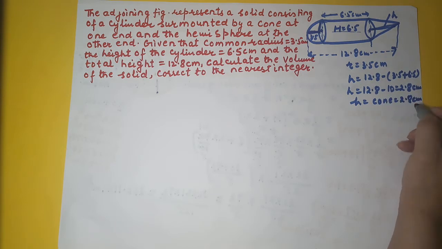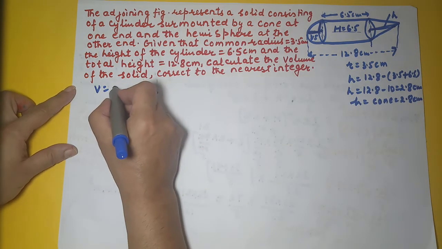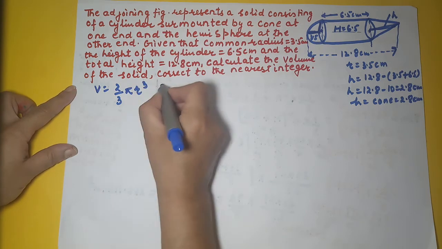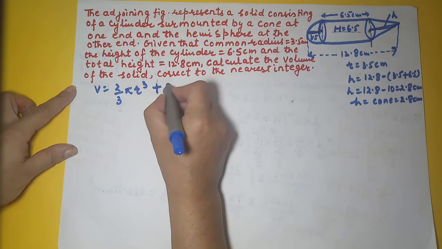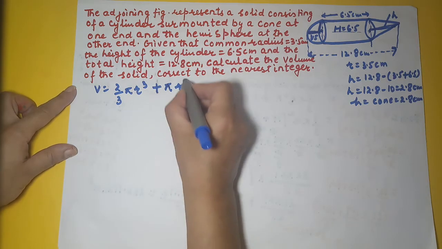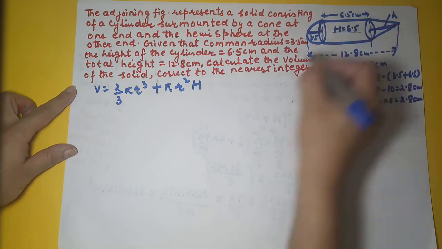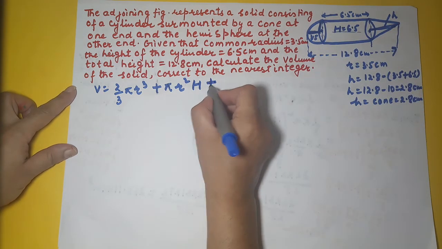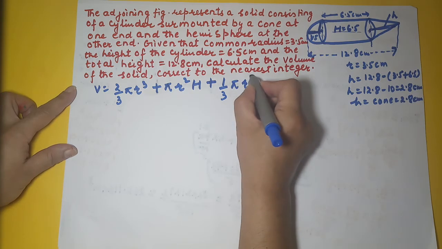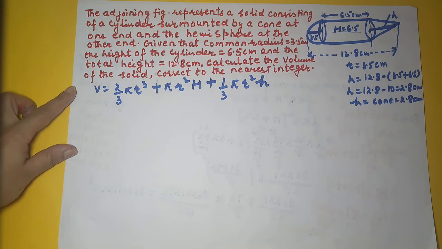Now I can calculate the volume of this solid. How? Volume of this solid is equal to 2 by 3 pi r cube plus cylinder is pi r square and capital H, because r is common, that's why I am writing the same r square, and H we have said is the height of the cylinder, plus 1 by 3 pi r square, and h is the height of the cone.